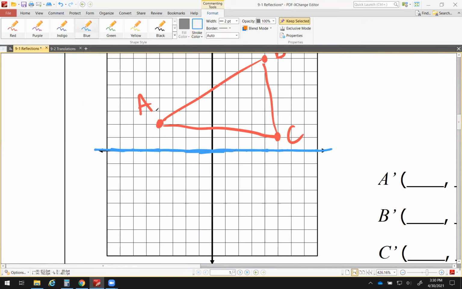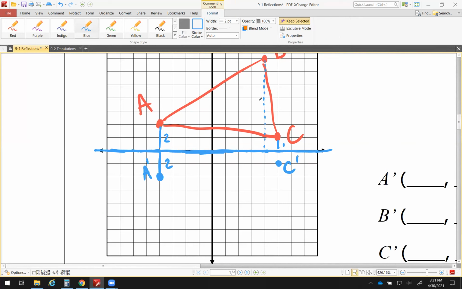And so the way that we find where A prime is, we say, hey, look, the distance from A to the line of reflection is 2 units. And so the distance from A prime to the line of reflection should also be 2 units. So there's A prime. C is 1 unit away, and so C prime just needs to be 1 unit away. And then B up here, you can kind of draw a nice vertical line there.